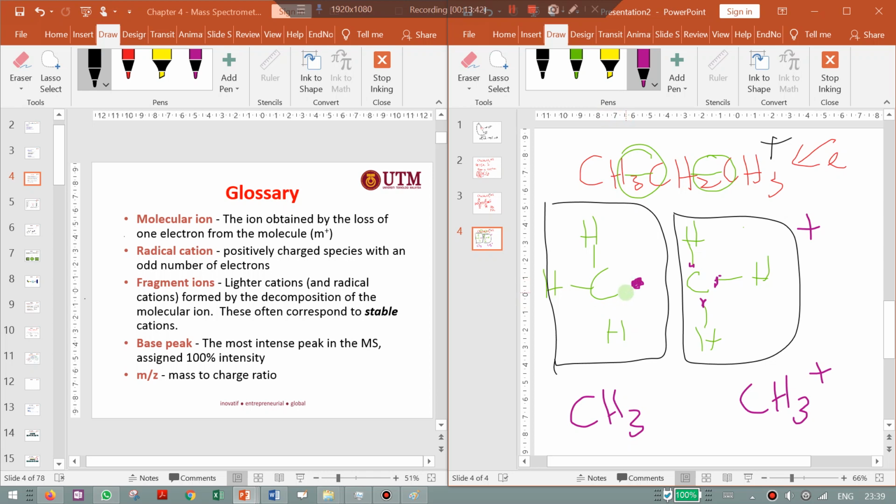So later you will see that it will form a bond with another radical, because we have the extra electron, right? It will combine with itself, for example it will combine with another CH3 radical and form another bond.